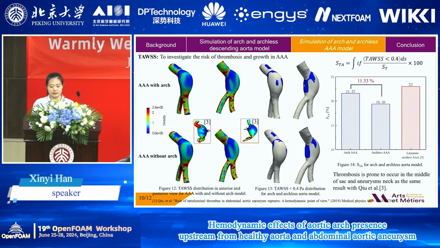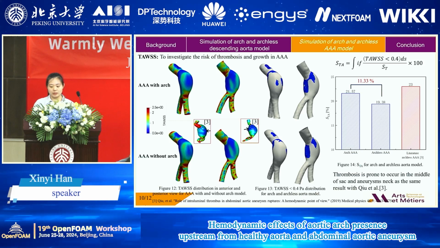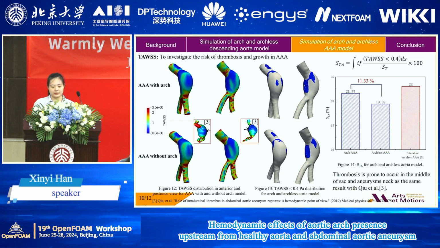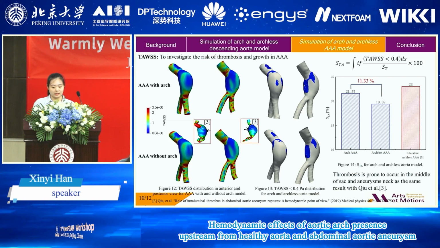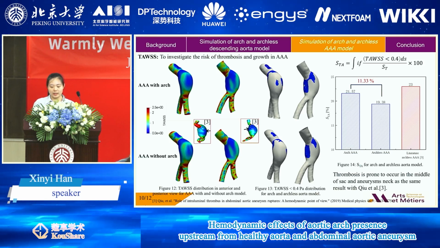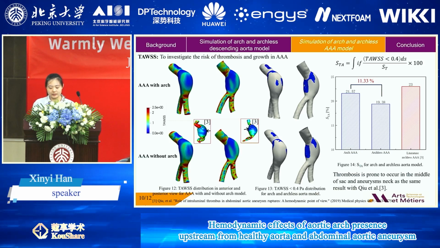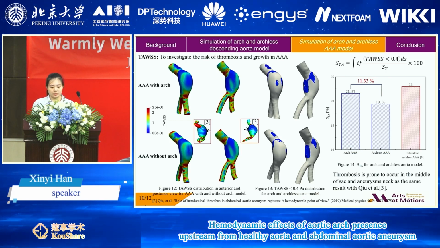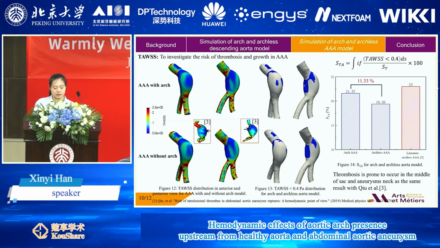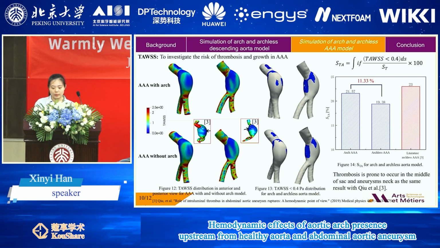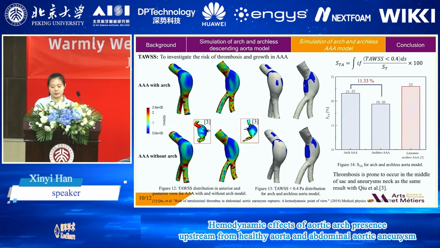The figure indicated the distribution of time average wall shear stress are similar in both models, but at the arch aneurysm sac, the value of time average wall shear stress is lower than the archless model. The region of time average wall shear stress below 0.4 Pascal is prone to thrombosis.